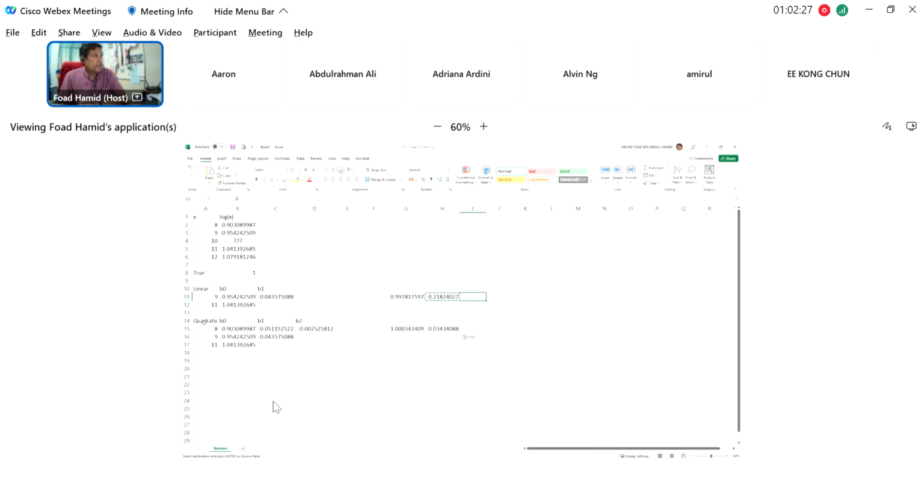When we use quadratic, which means we increase one polynomial order, our error is reduced to 10 to the minus 2. So from here to here, it reduced by 10 times, or one order of magnitude.